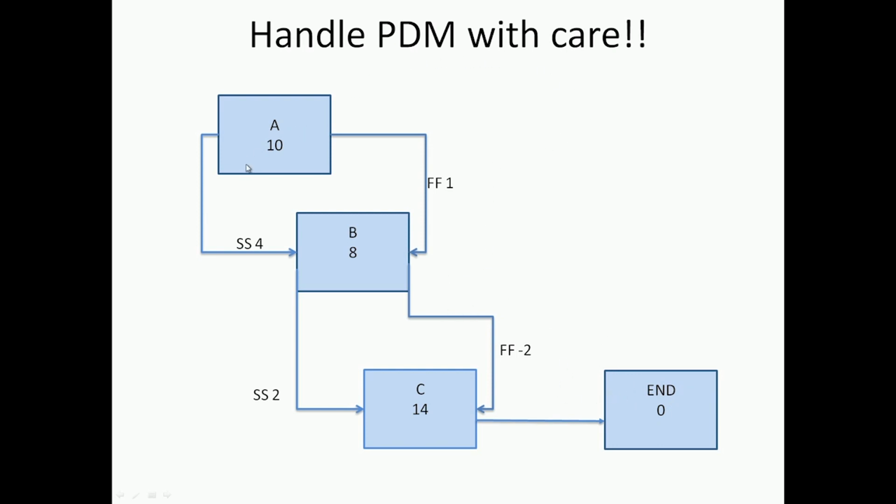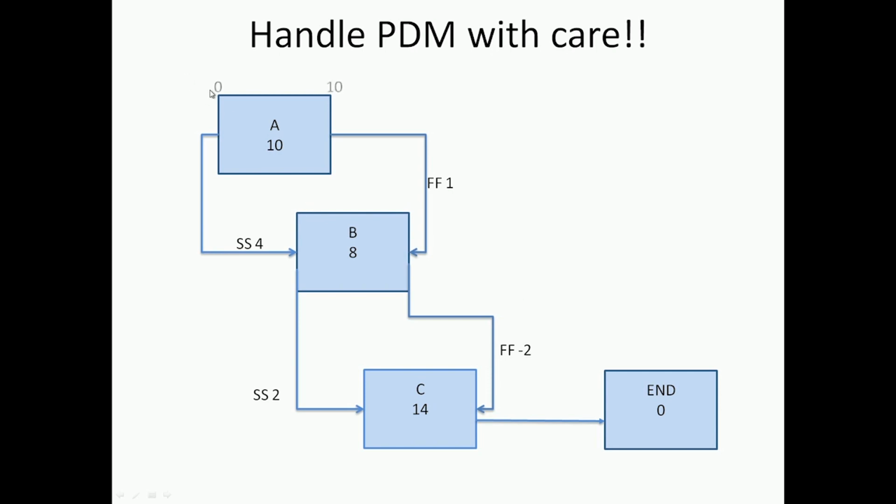You can see A to B, there's a start relationship and a finish relationship, with a lag of 4 and a lag of 1, and BC again there's a start finish relationship, but you will see the finish relationship has a -2, so it's kind of a lag. We want to see how the analysis behaves when we put a negative value in the lag. Basically we are giving it a lead.